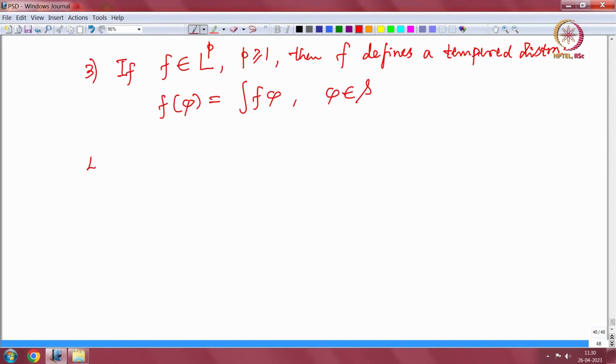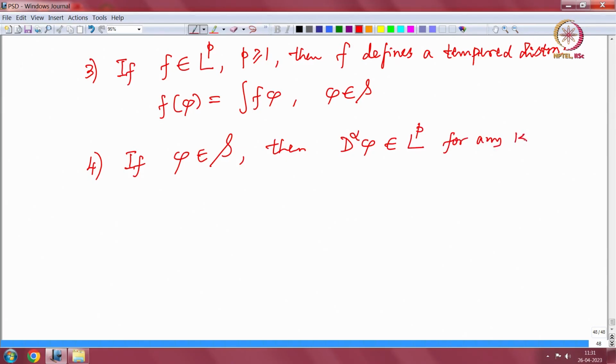So, here is that thing. Okay. If phi belongs to S, then d alpha phi belongs to LP for any p up to infinity, and all multi-indices alpha.